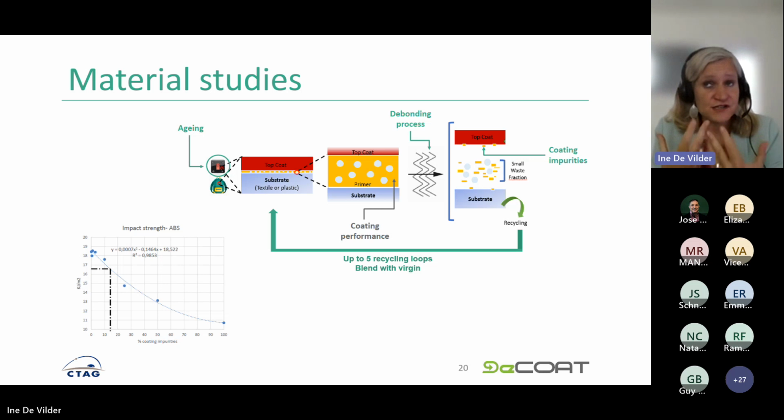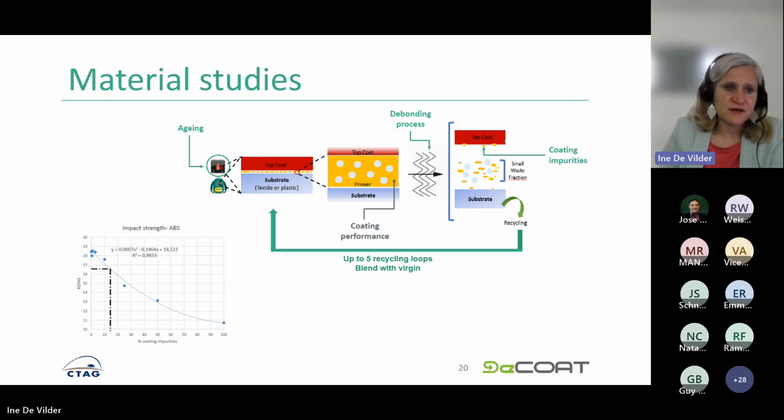We checked the simple recycling. For example, how many recycling loops can we do? What is the effect on the material properties? Do we need to blend it with virgin materials? I have here, for example, one example. So it's the remaining coating residue and then the impact strength. So if you have the impact strength, you see when no coating remains, you have a very high impact strength.